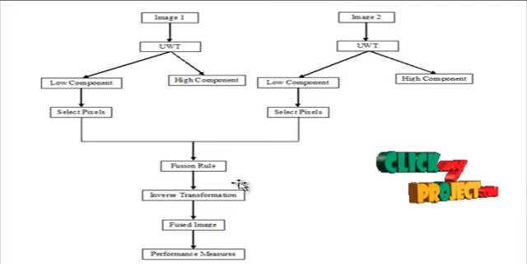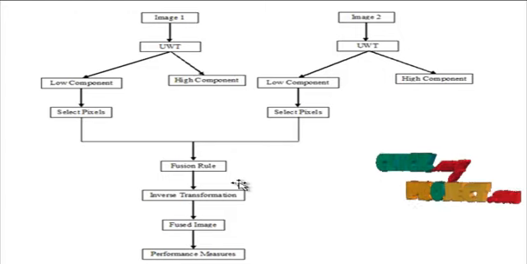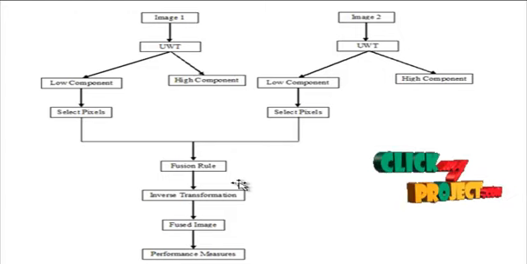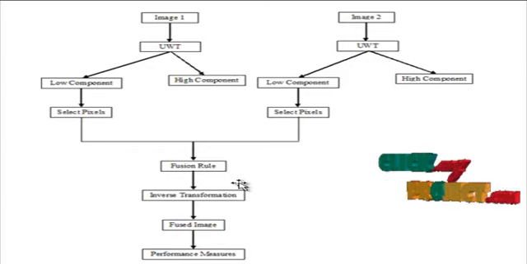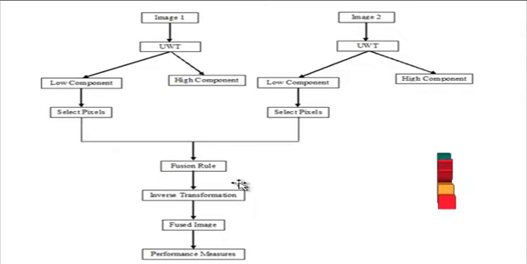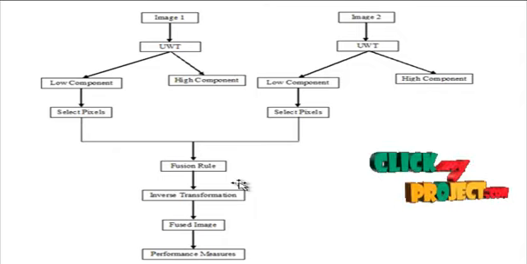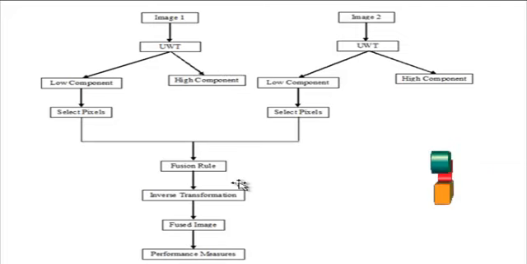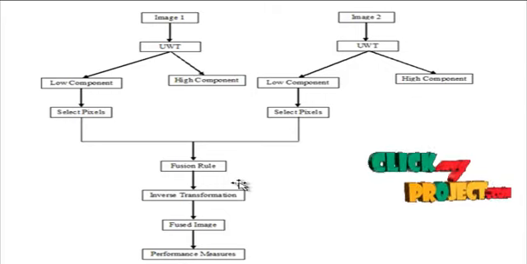The inverse transformation is applied with the obtained low coefficients and the remaining coefficients of the input images, and finally we get the fused image. The overall performance of the process is measured in terms of mean and standard deviation values.